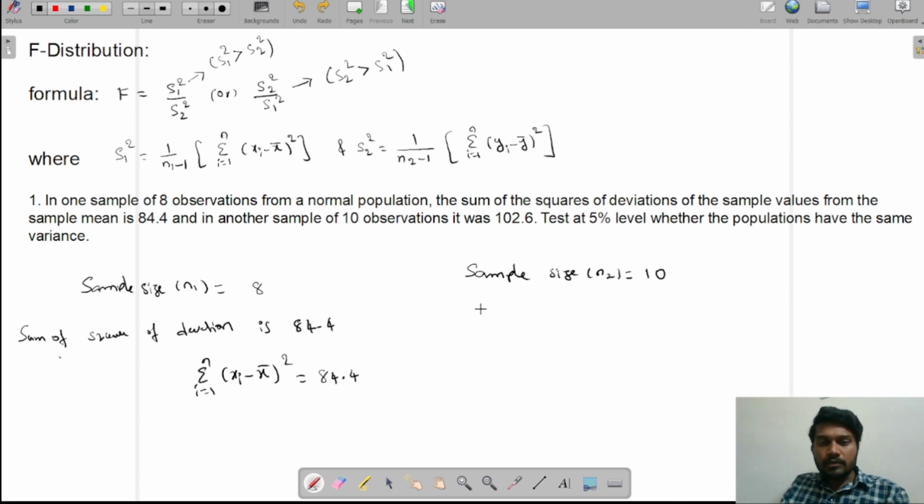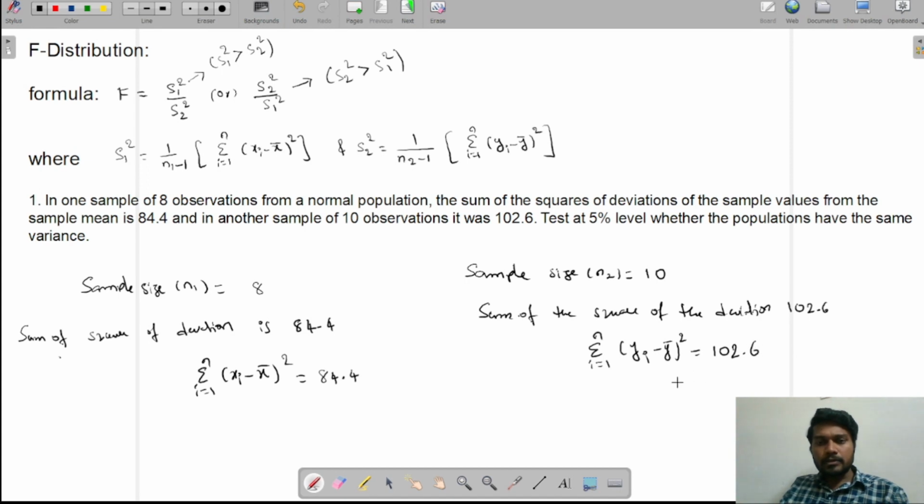So this is the value of the sum of the square of the deviation, 102.6, which can be written as summation i equal to 1 to n of yi minus y bar whole square equal to 102.6.